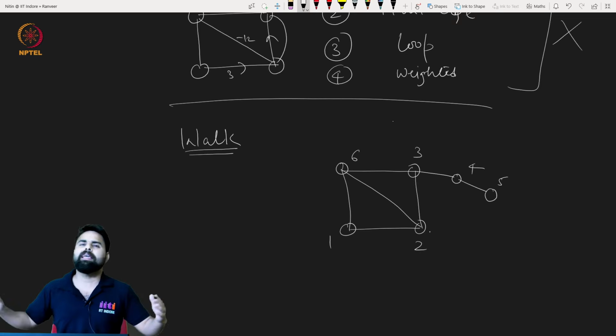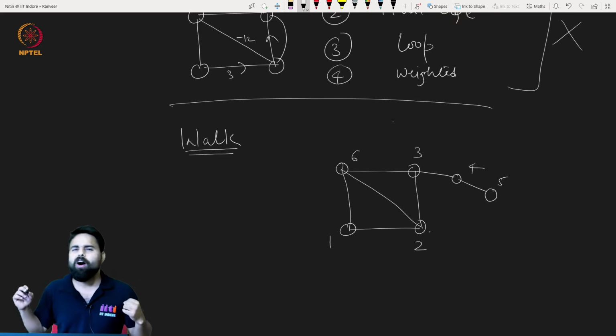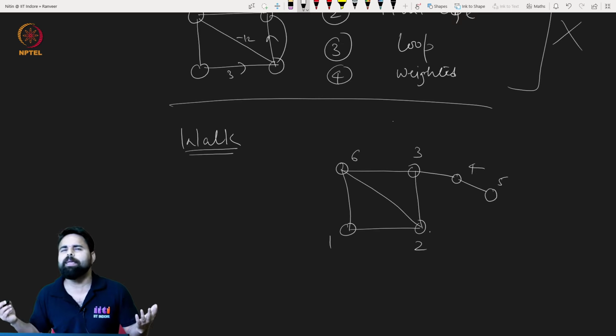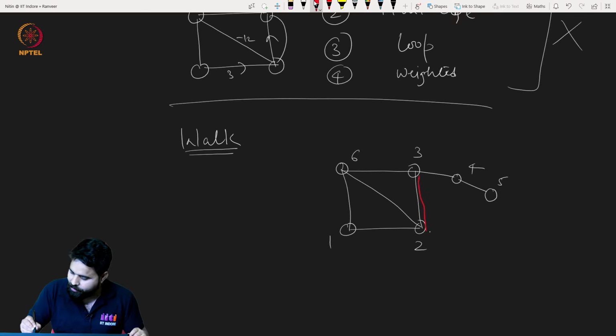Now he is going from here to there. So a walk is basically the behavior of the drunkard when he or she traverses through these edges. For example, one traversal could be this: the drunkard goes to 3, then 4, then returns to 3, and then goes to 6.